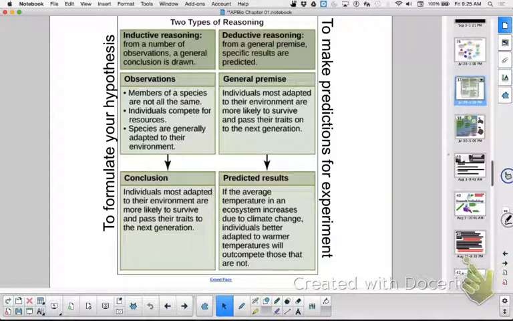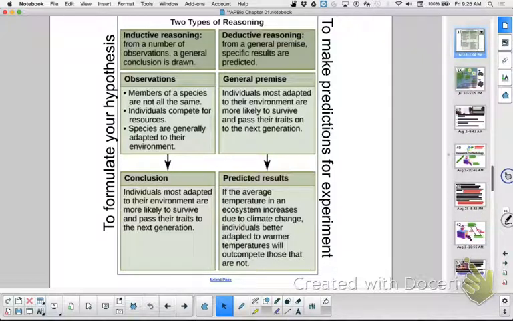Go into your notes where it says the process of science. The scientific method acts as a guideline for scientific studies. You make an observation, a formal way of seeing what happens, and a hypothesis using inductive reasoning to formulate a possible explanation for a natural event.